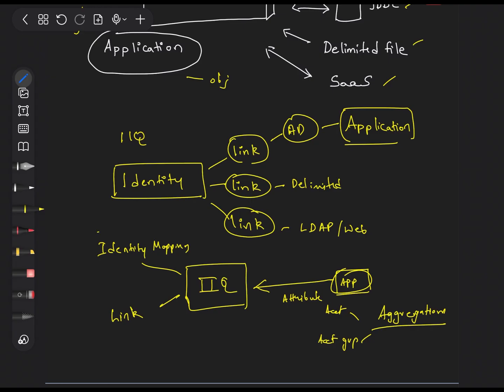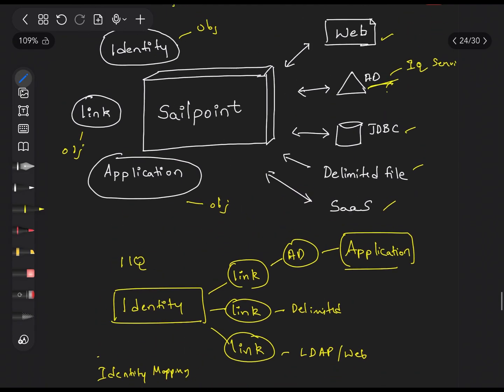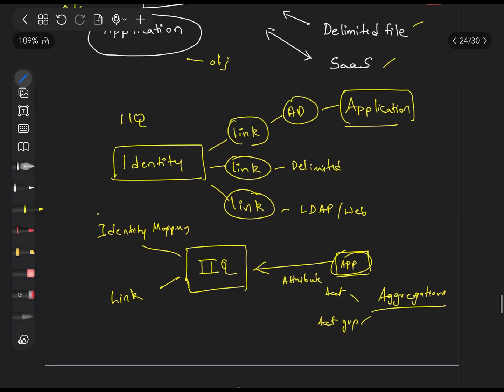But at a high level, there will be an application like Active Directory or JDBC. Then you will create a new application within IIQ. Then you'll run aggregation. Aggregation will populate application attributes to the identity. It will create a new link for each user, and tag it to the identity.